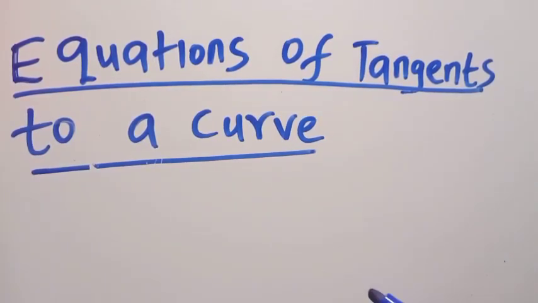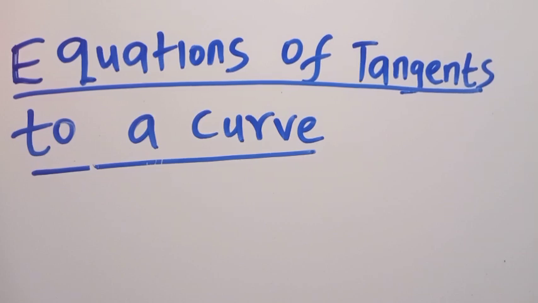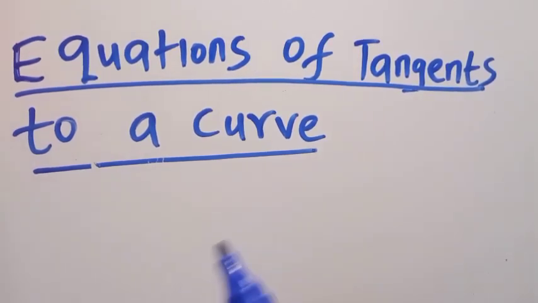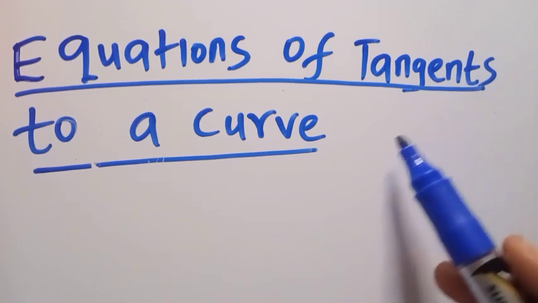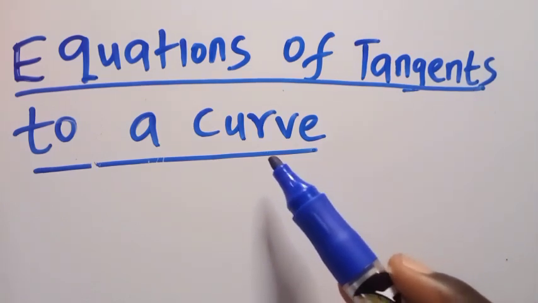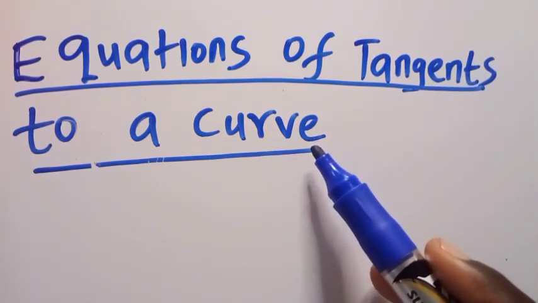Distinguished ladies and gentlemen, I want us to look at the equations of tangents to a curve. Before we look at an example, I want us to take note of this: we have the equation of a tangent to a curve, and we also have the equation of a curve.